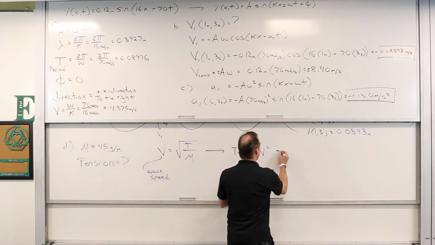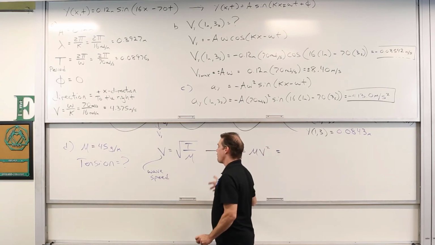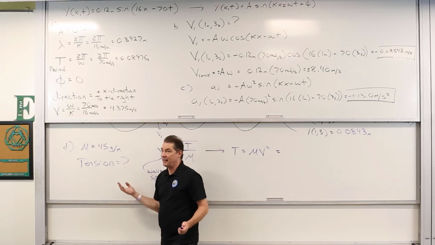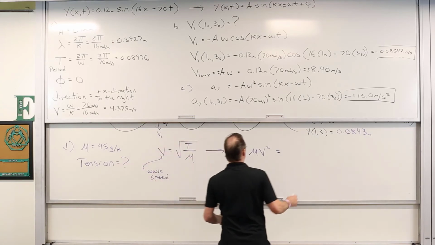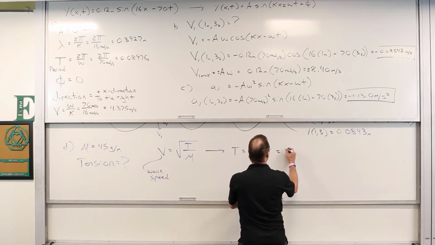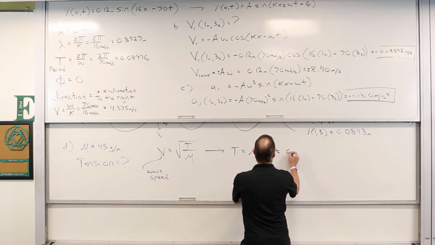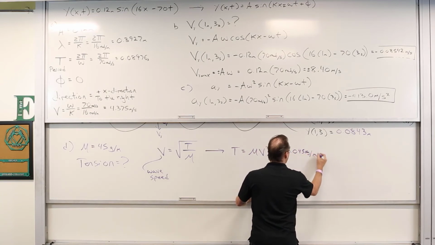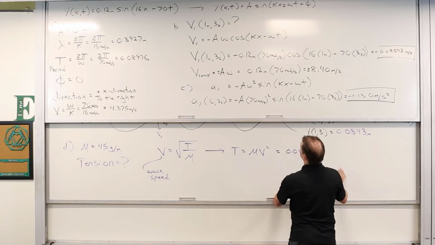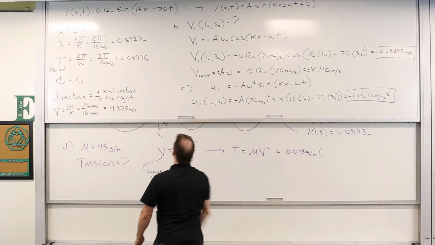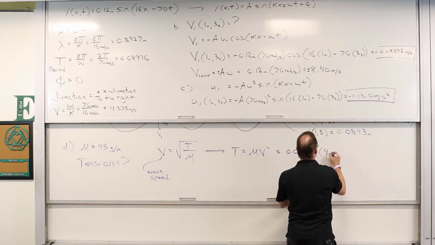So when we go ahead and compute this, we want to have mu in not grams per meter, we want it in kilograms per meter because we want SI units. So how are we going to convert that? Move the decimal place to the left 3 times, and we've got ourselves 0.045 kilograms per meter multiplied by the wave speed of 4.375 meters per second, quantity squared.